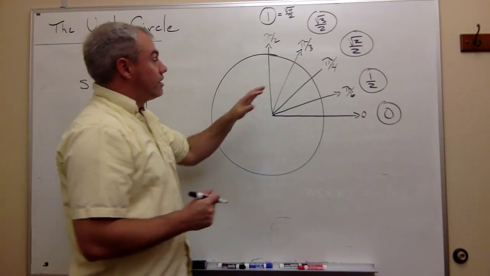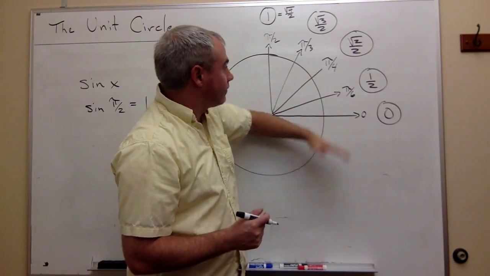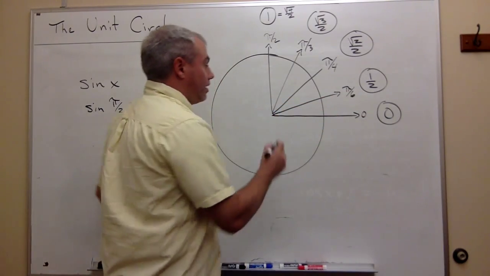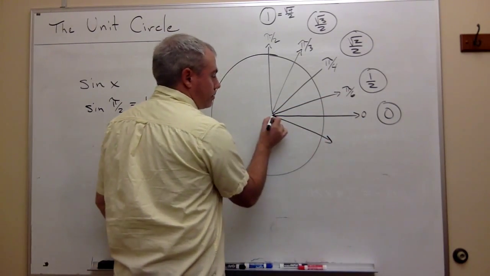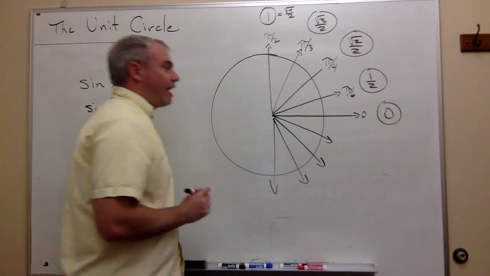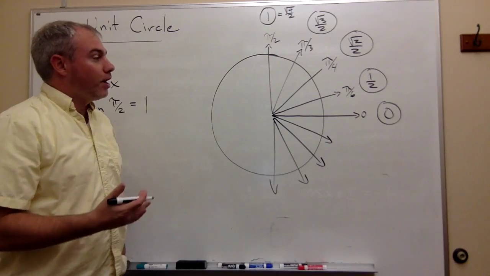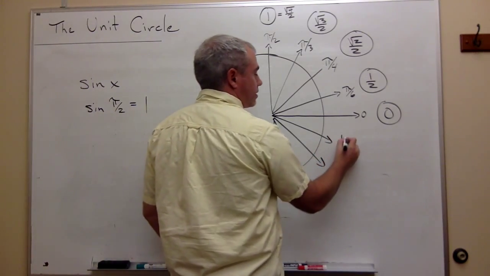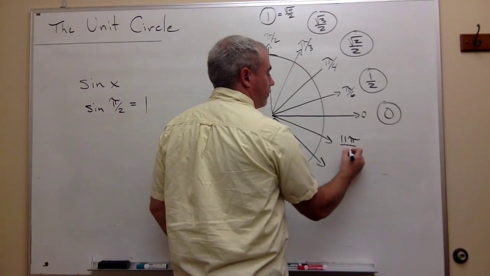And now sine becomes negative down here. So it's going down, down, down, down, down, and it just keeps going down. So if we put in these angles, we wouldn't really even have to know what these angles are, but we could easily put in, what is this? By the way, this is 11 pi over 6.